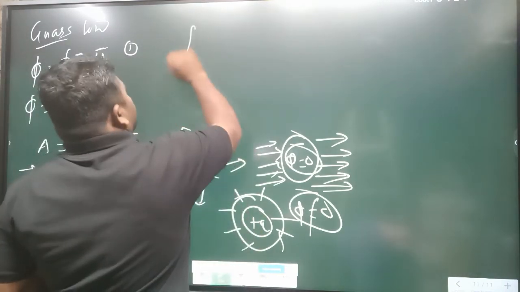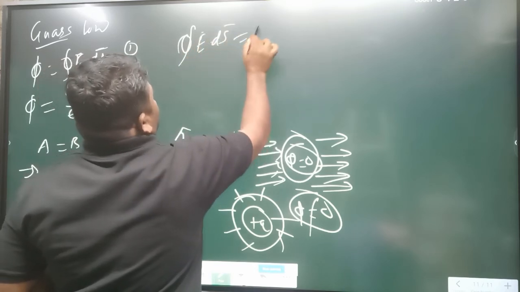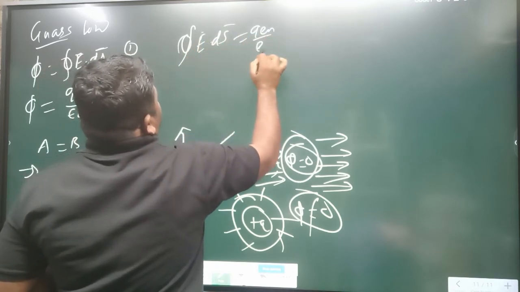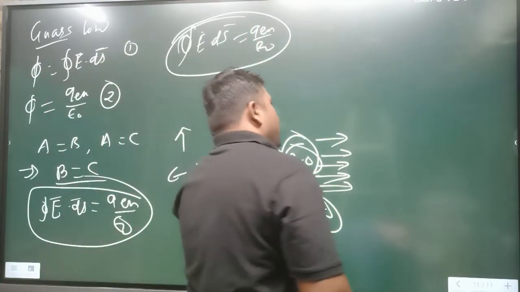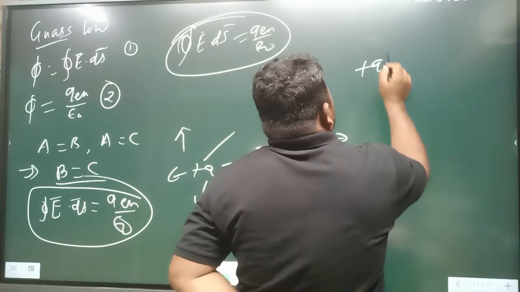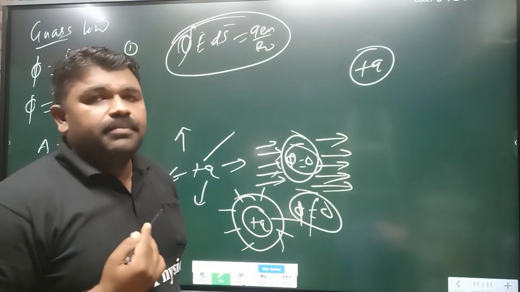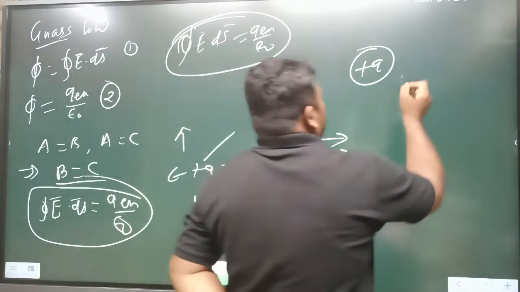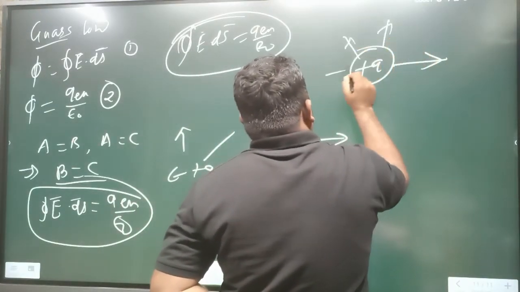Closed integral E bar dot ds bar is equal to how much? Q enclosed upon epsilon naught. Now, suppose here is a point charge Q. The charge creates an electric field. The charge is creating electric field in all directions.